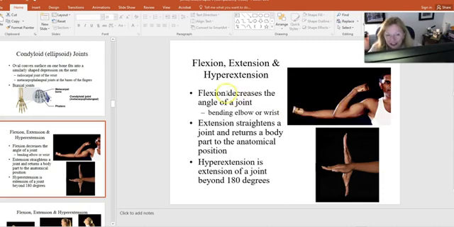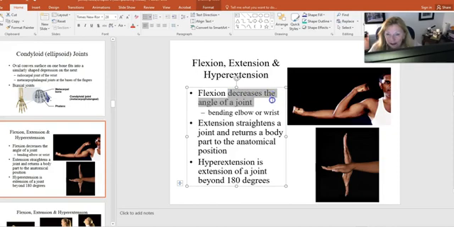So decreasing the angle of a joint from anatomical position, because in anatomical position your elbow is straightened out, isn't it? Decreasing that is called flexion. Extension means going back to anatomical, returning to anatomical position.